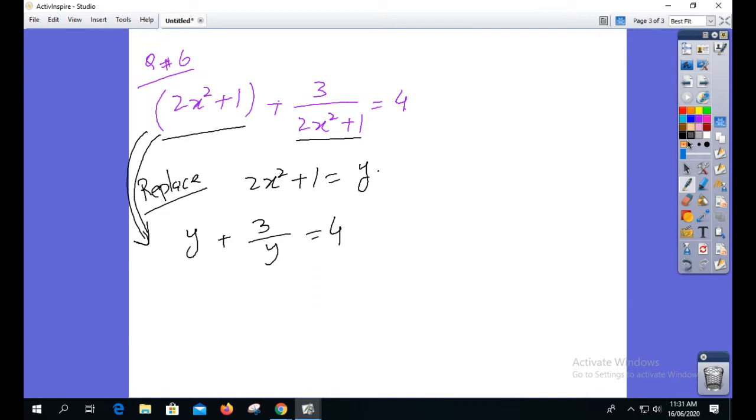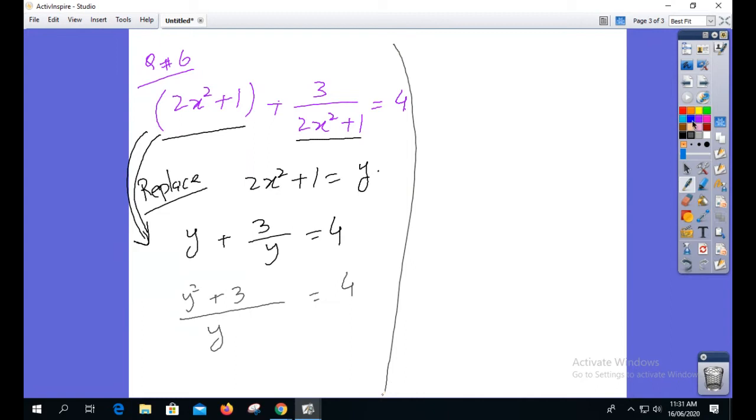It's the next type of question in which we replace a singular term, that is x square plus 1, by y. Okay? By taking LCM, we have y squared plus 3 equals to y.